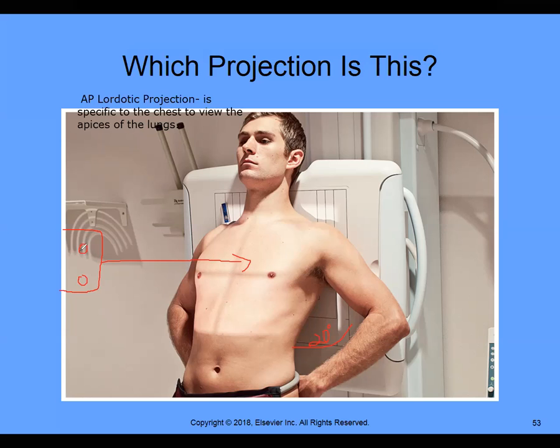So that sort of compensates for that angulation. So this becomes an AP axial or axial AP lordotic projection. And again, this only applies to the chest, not anything else.